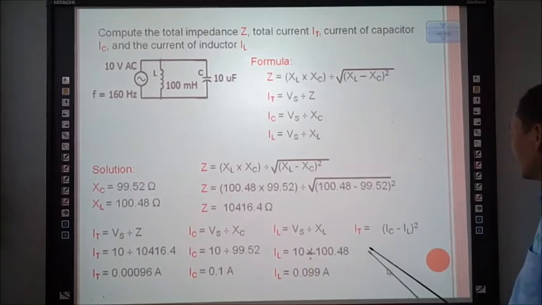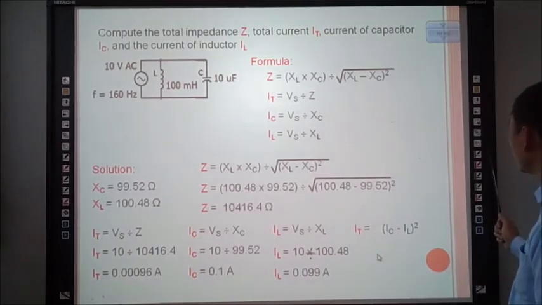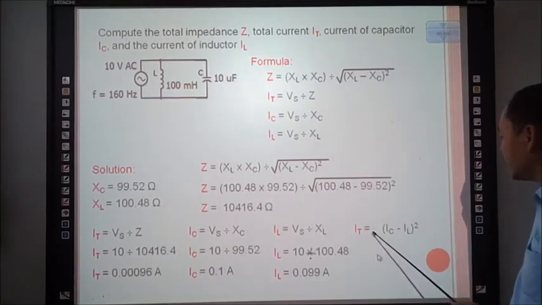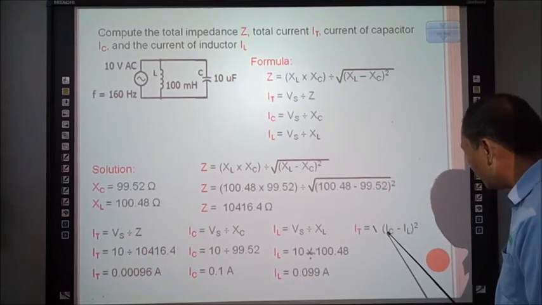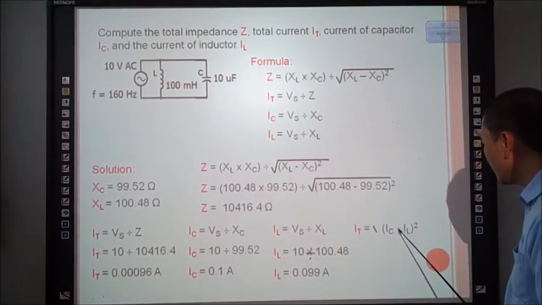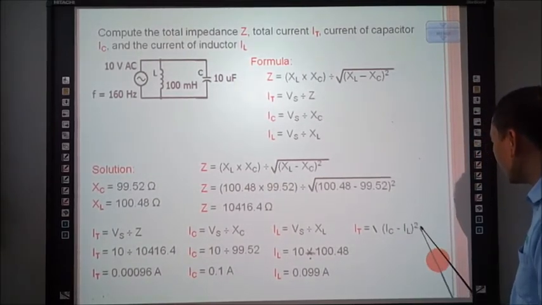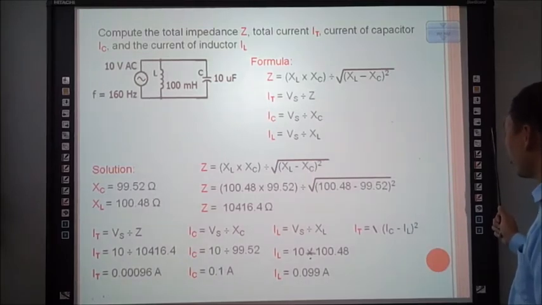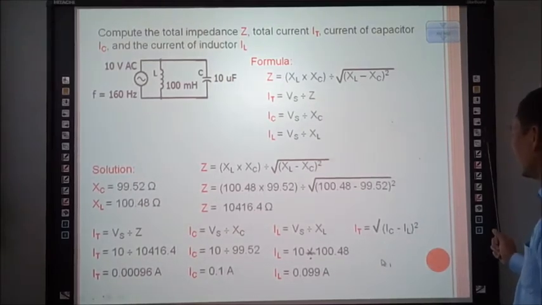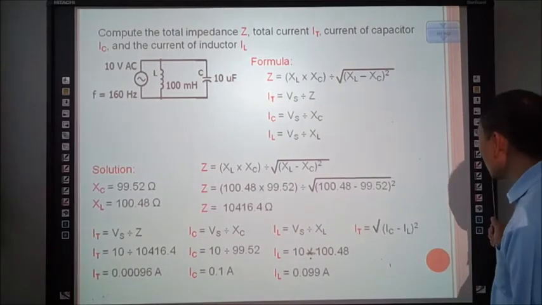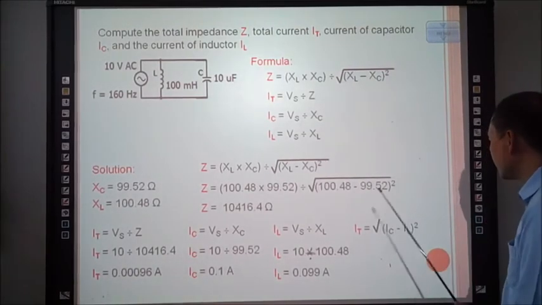This is the formula to solve for total current: IT is equal to the square root of (IC minus IL) squared. This is the formula, guys, on how to solve for the total current.